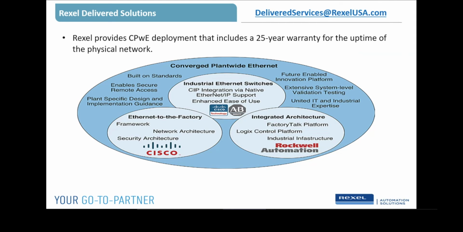So this follows the CPwE protocol, along with installation from Rexel certified installation partners, and the approved hardware that is provided from the assessments to deploy that network. But once certification is complete, there is a 25-year warranty around the uptime of that network. So we're supporting the designs, the installation, along with the support of that network.